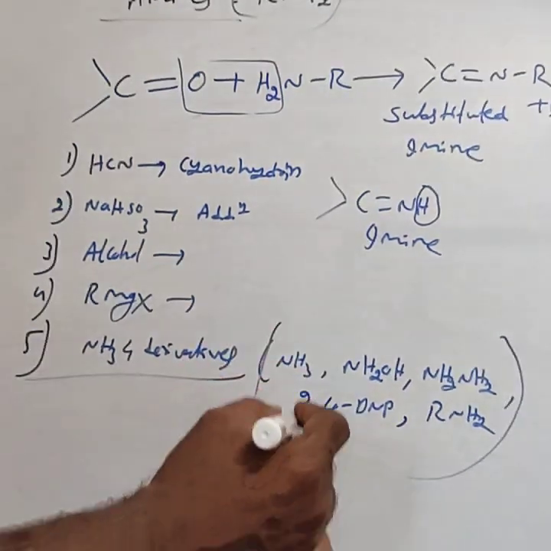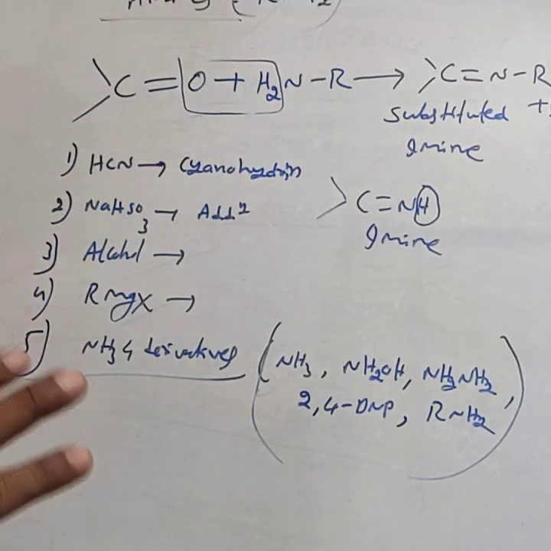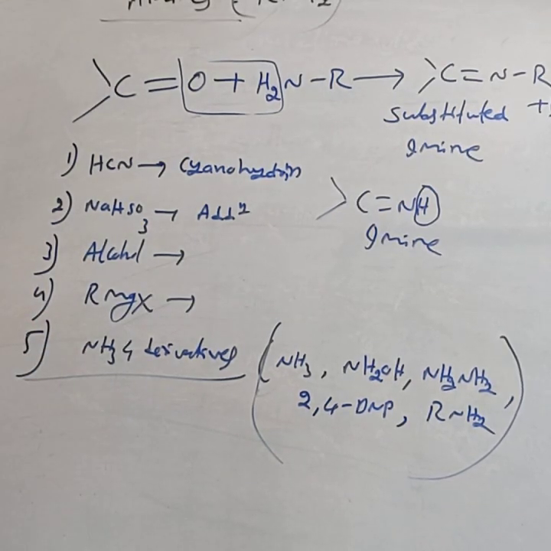These are the reactions with ammonia and its derivatives. These are about the nucleophilic addition reactions of carbonyl compounds. Next class we will study the reduction and oxidation properties of the carbonyl compounds.